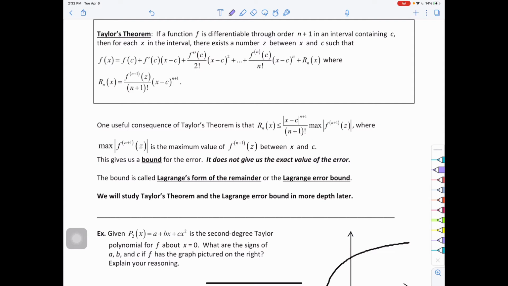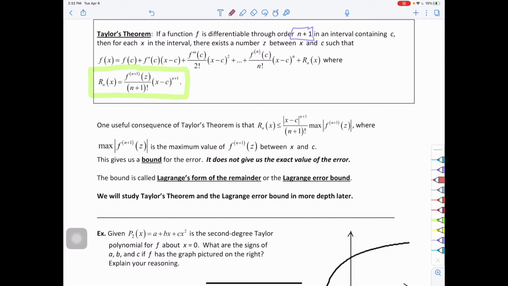If a function f is differentiable through order n plus 1 in an interval containing c, then for each x in the interval, there exists some number z between x and c such that this occurs. So what's important right here? This error right here, okay? And actually what that is going to be is the next term, the next derivative, okay? And we're going to talk more about that.